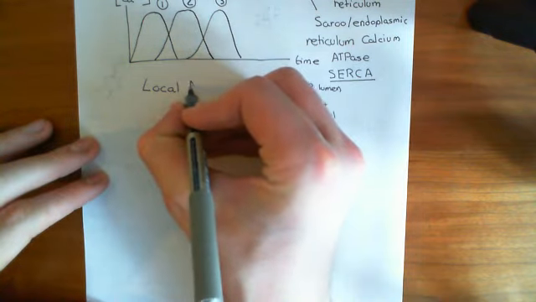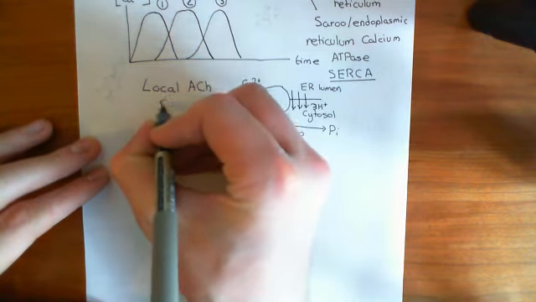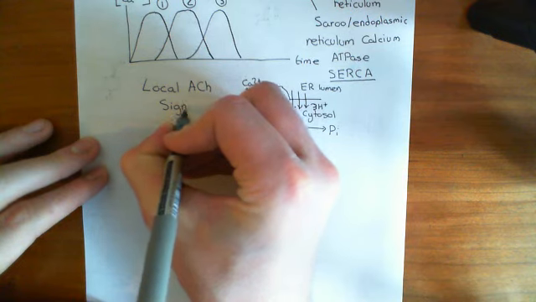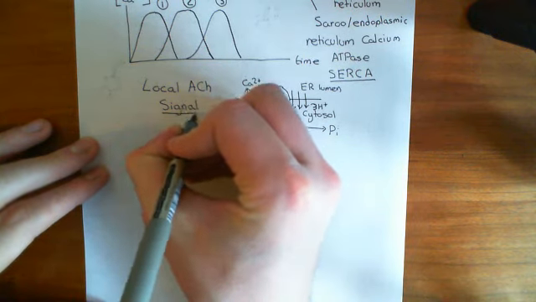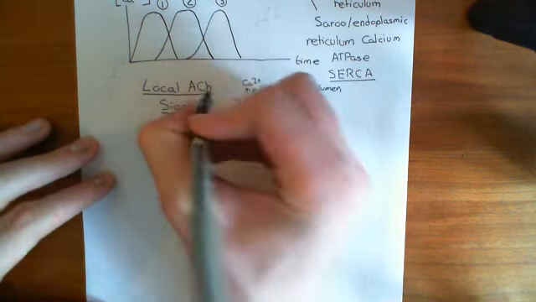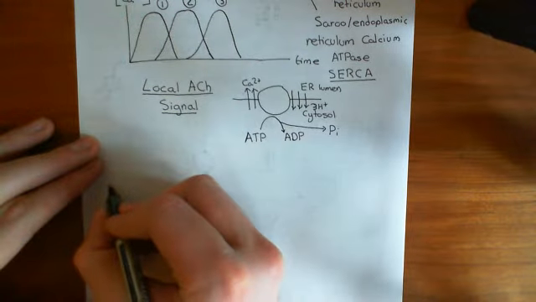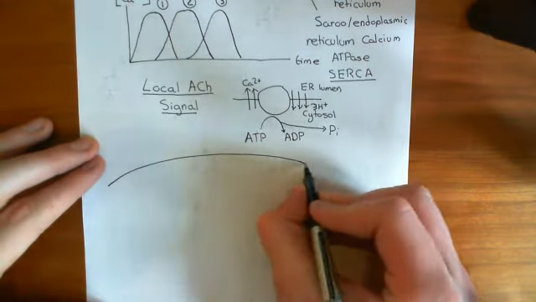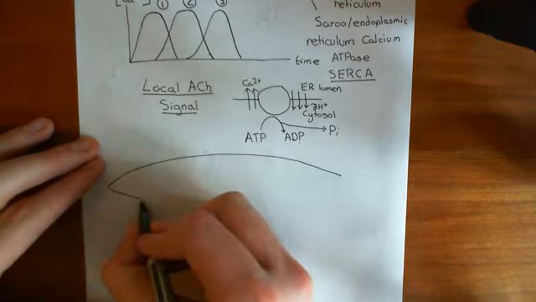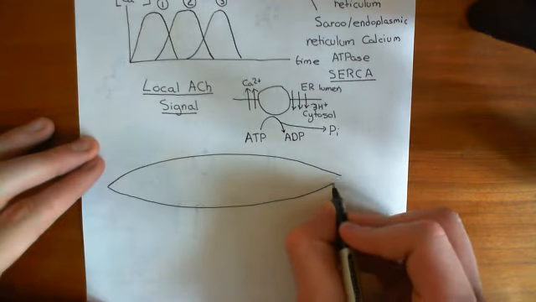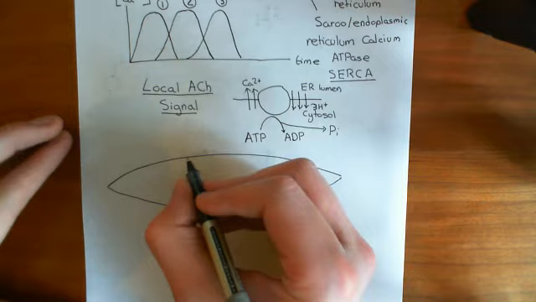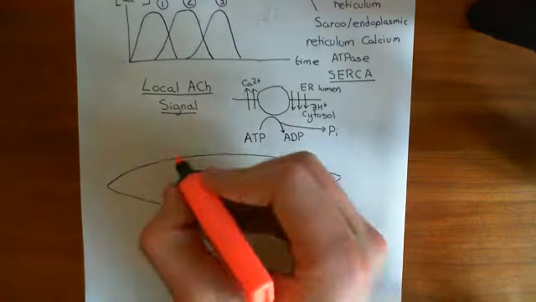So local acetylcholine signal. Right, okay, so this time you're only going to deliver acetylcholine onto a small region of the smooth muscle cell. So let's say this is our smooth muscle cell here. So this time we've only delivered acetylcholine, let's say, onto this small region here.